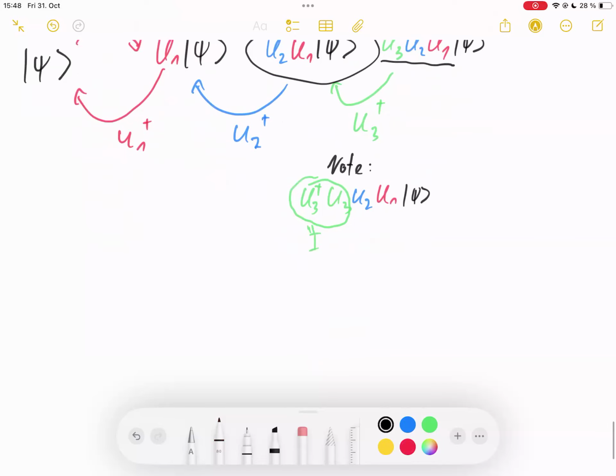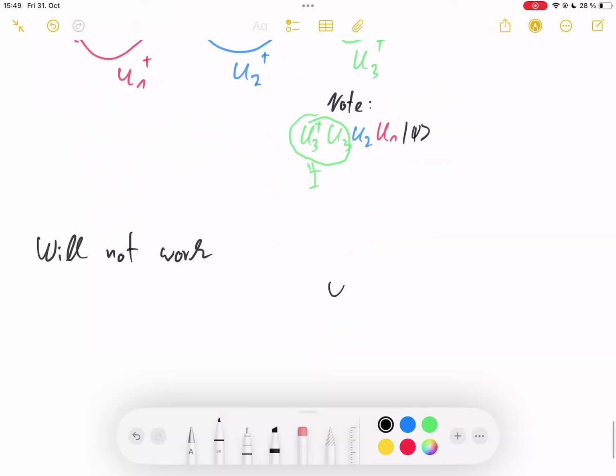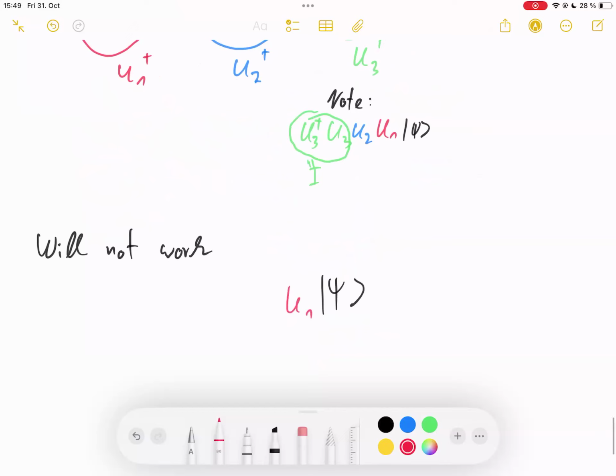For example, what will not work could be something like this. So I have my psi cat, just as before, the U1, U2, and the U3. I cannot just suddenly undo U1 by putting my U1 dagger.